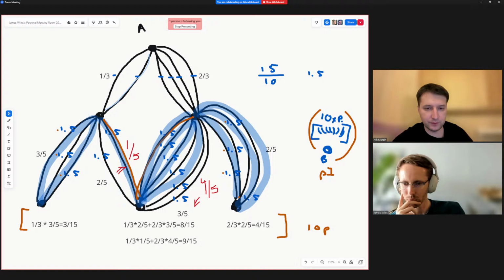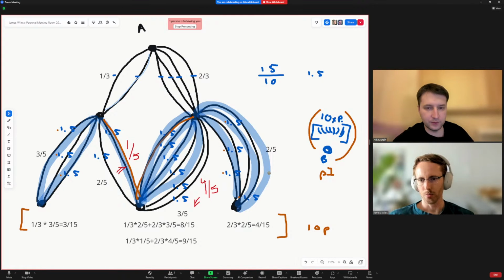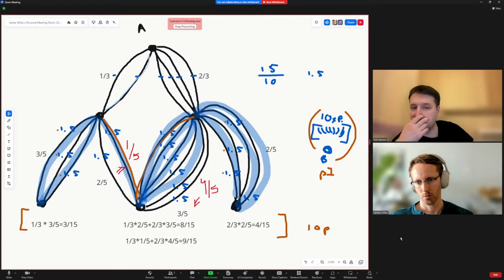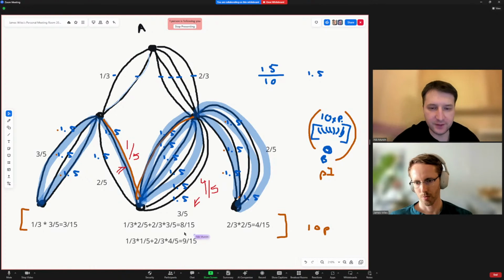Why? What it is 8 over 15, right? Oh, do we have to change it? For the black branches, it's 8 over 15, right?